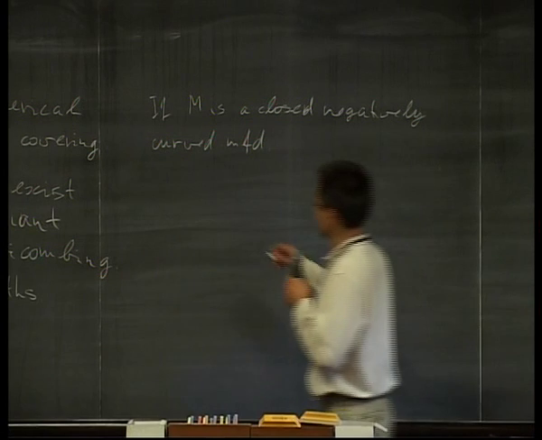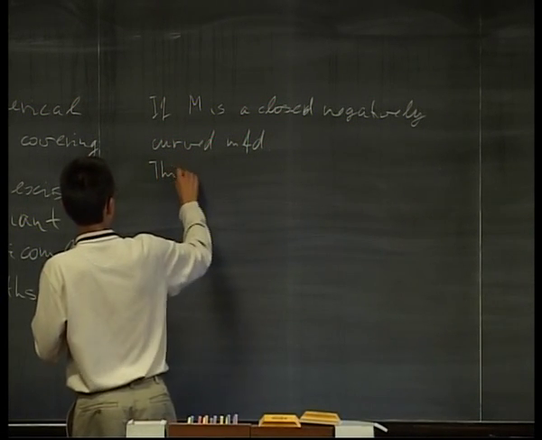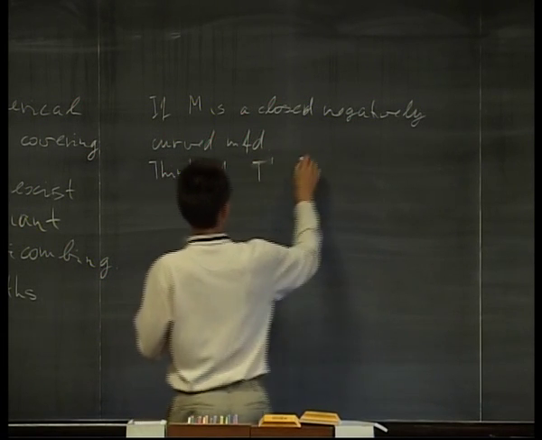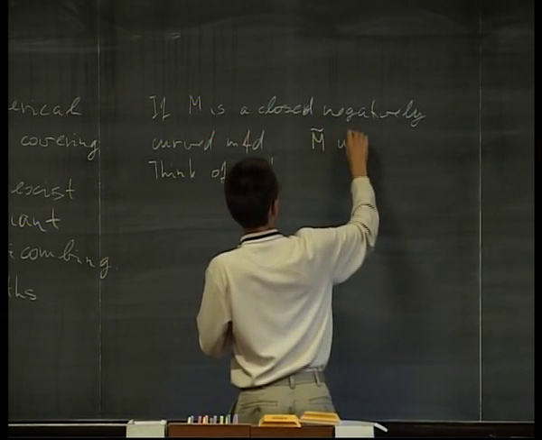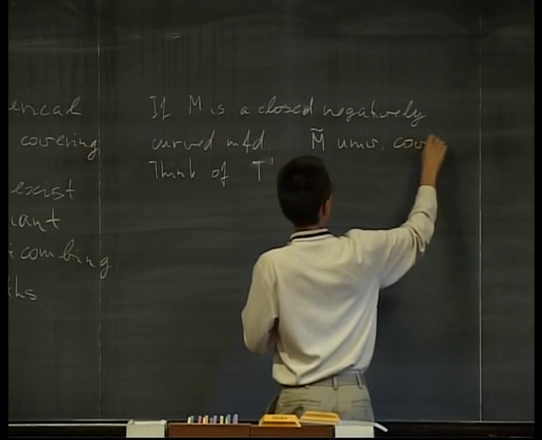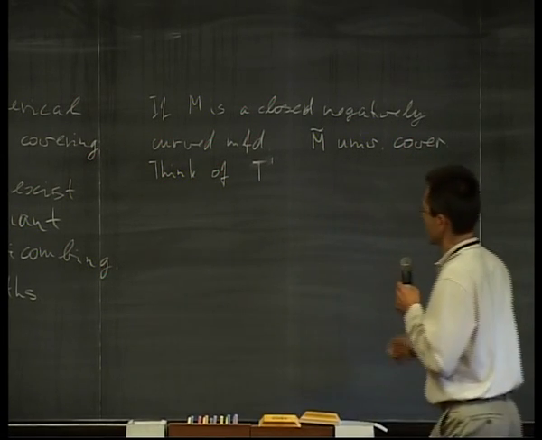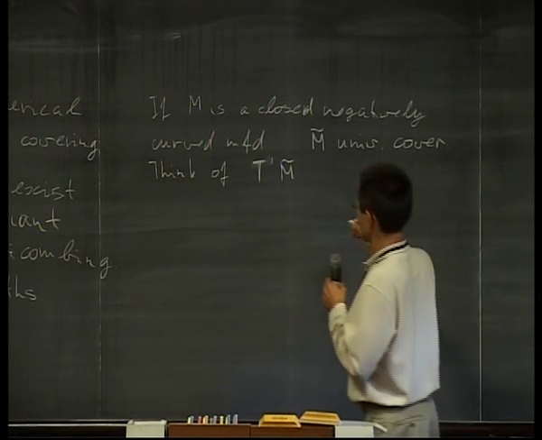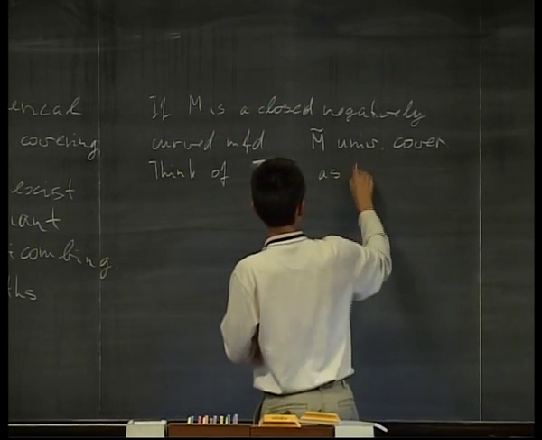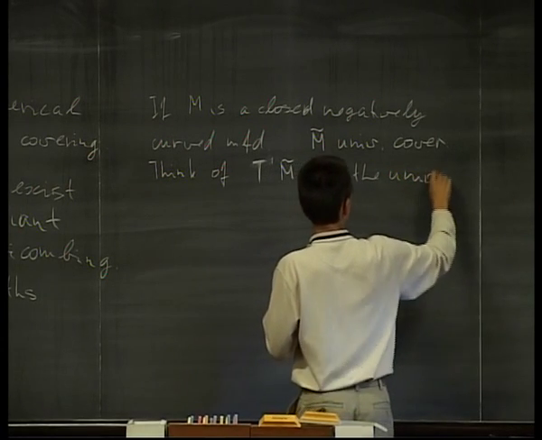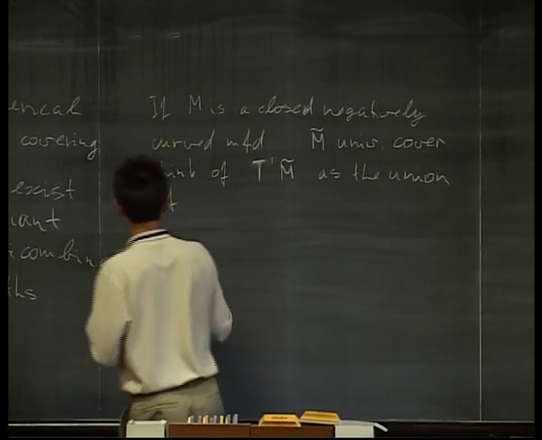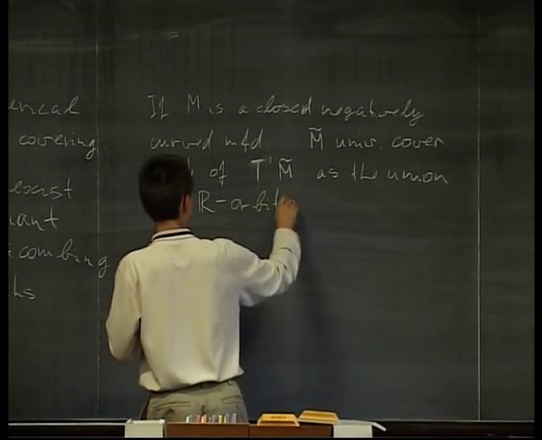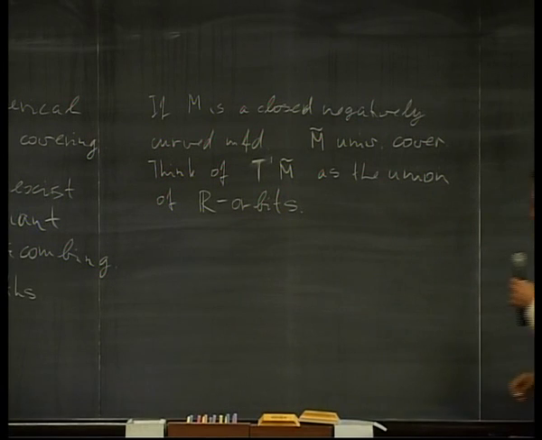So think of T1. Again, you take the universal cover, and then think of T1 of this universal cover as a union of orbits of the flow.